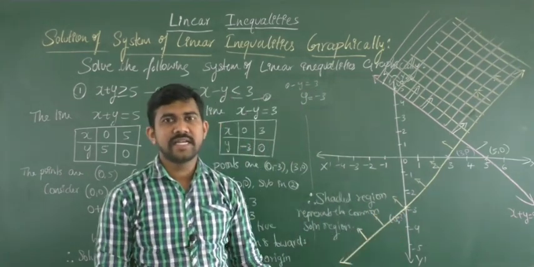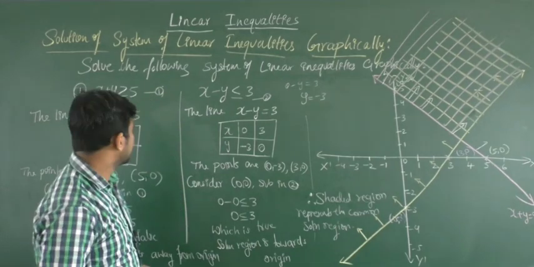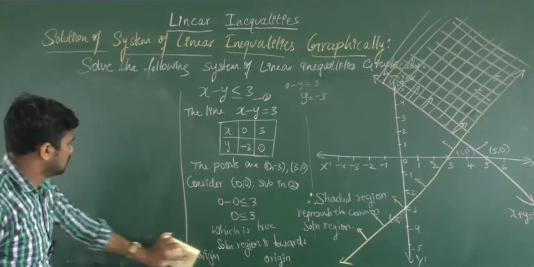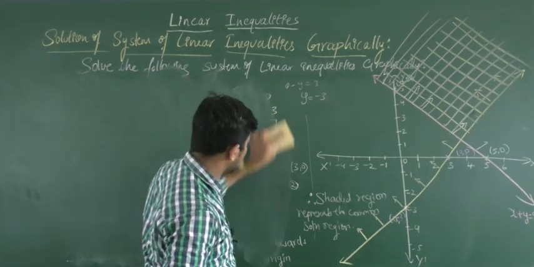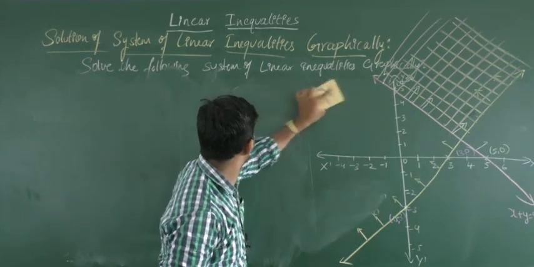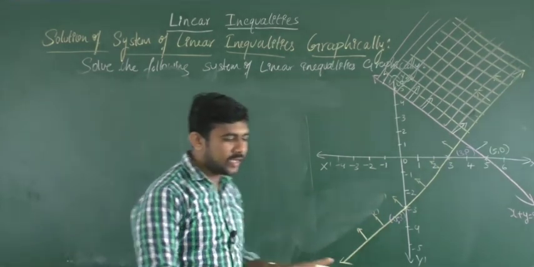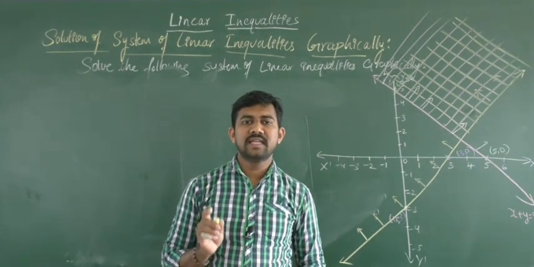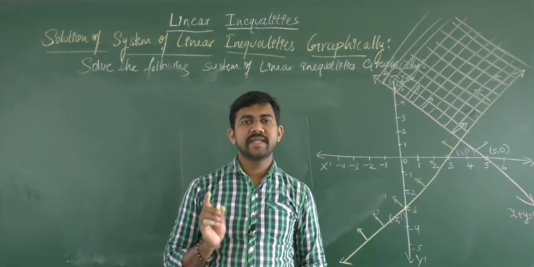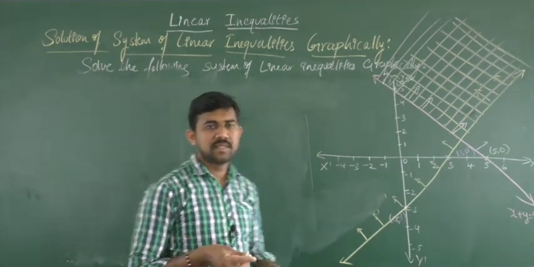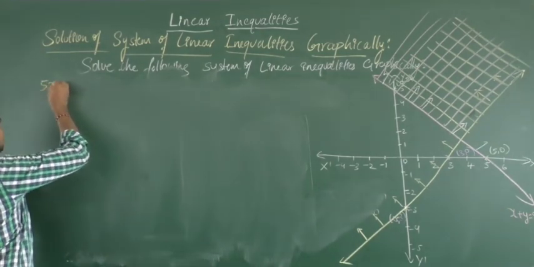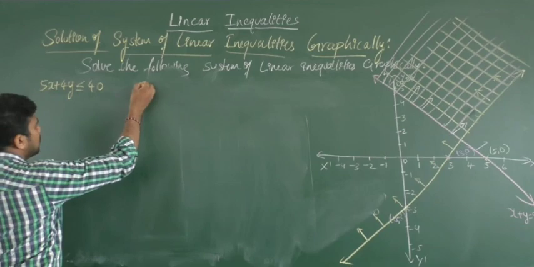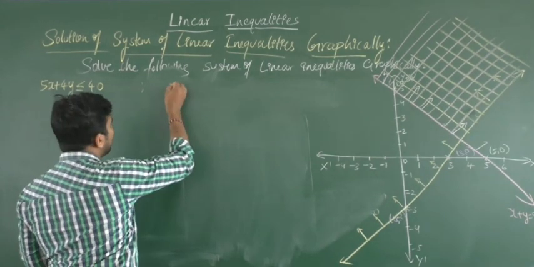Understand? Now we will see the next question of the same type. See what the next question is. They have given 5x plus 4y less than or equal to 40, x greater than or equal to 2, y greater than or equal to 3.